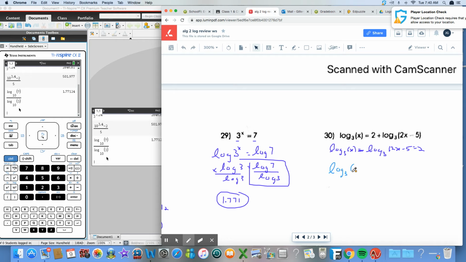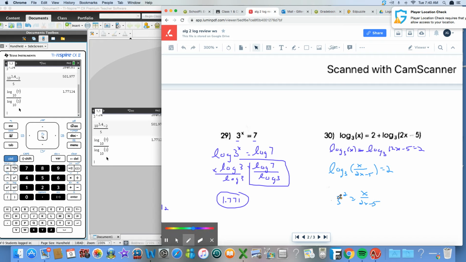It's subtraction, so it's going to be x divided by 2x minus 5 equals 2. Now I have one log. I rewrite it as an exponential. You take the base over to the right to that power equals x over 2x minus 5.